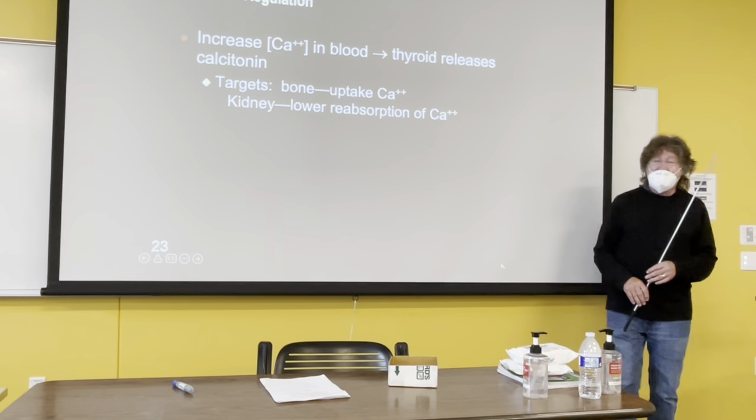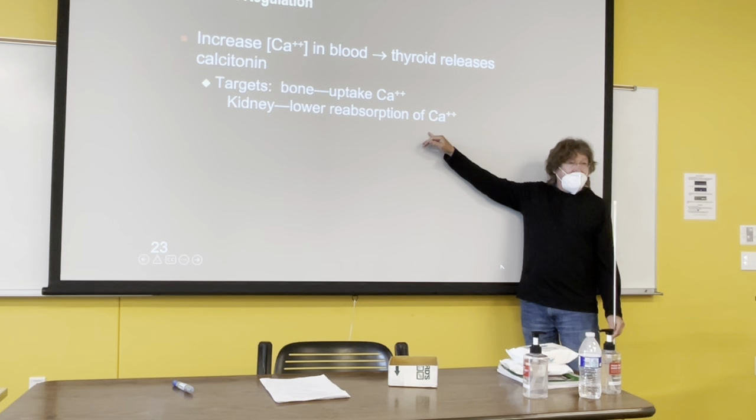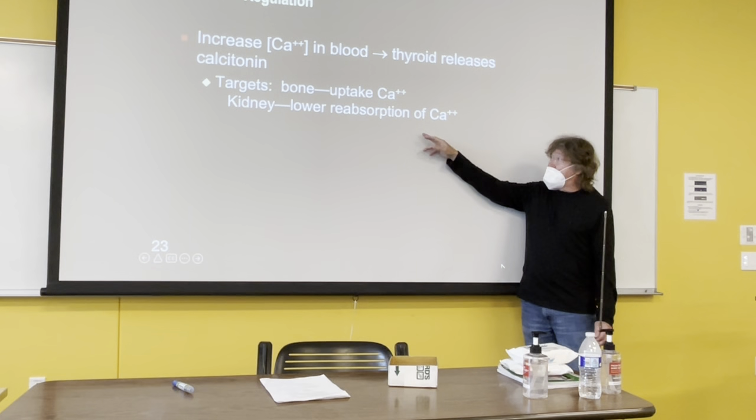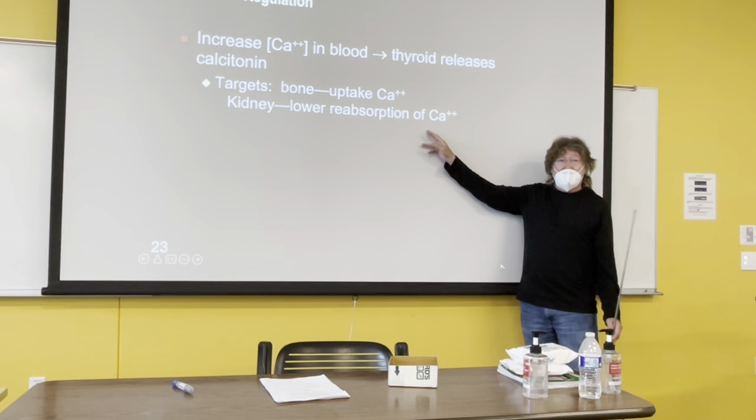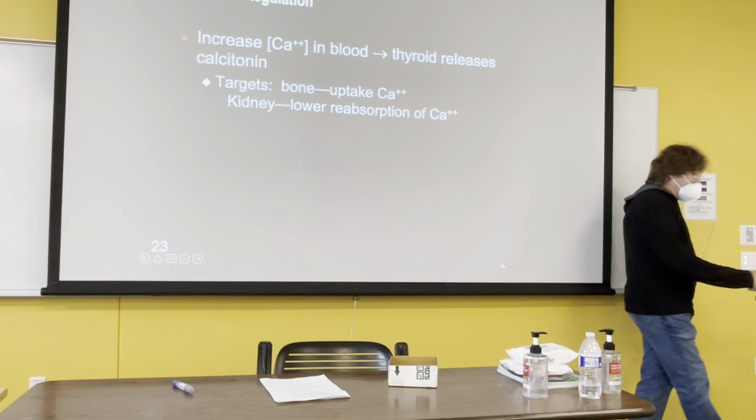How's it doing that? It's influencing calcium transporters and calcium channels. We have both. I haven't talked about it, but we have both. Their activity is lowered so that the calcium stays in the urine.